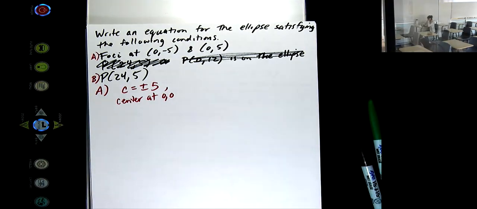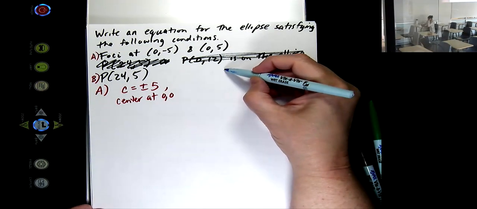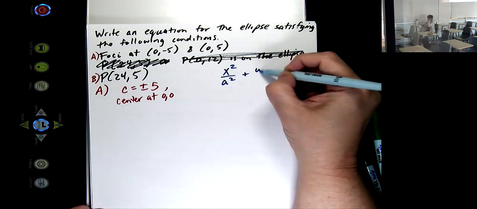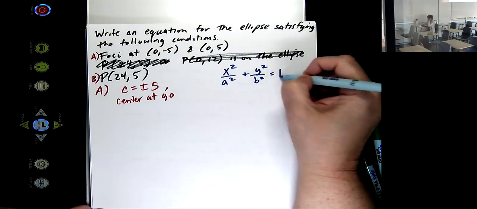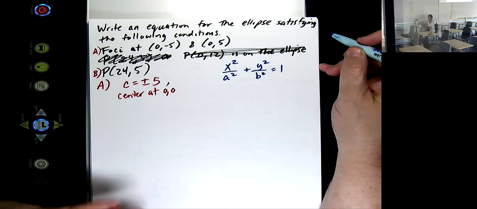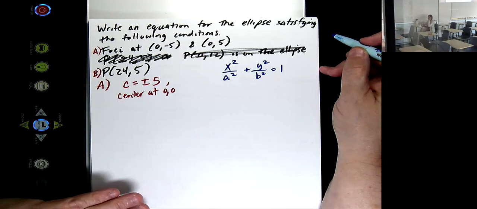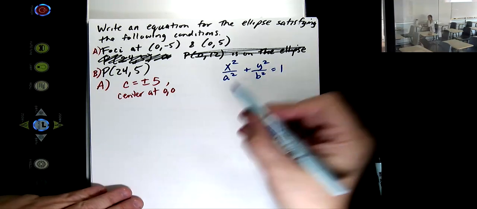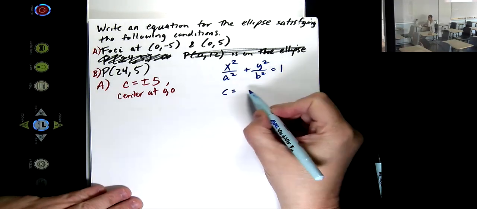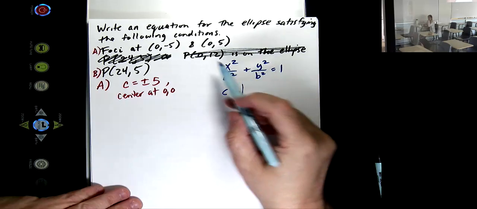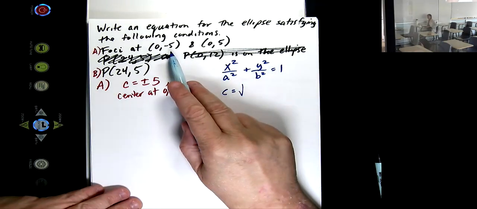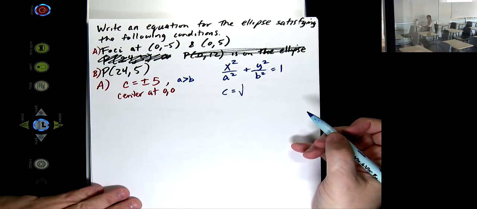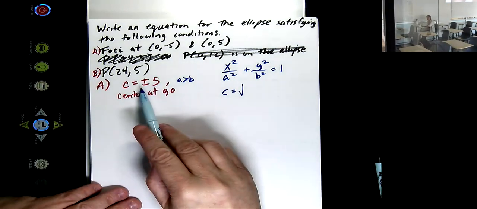So the default equation we have going on right here is x squared over a squared plus y squared over b squared equals 1. And we know that c is the square root. We know a is bigger than b because the foci are along x.